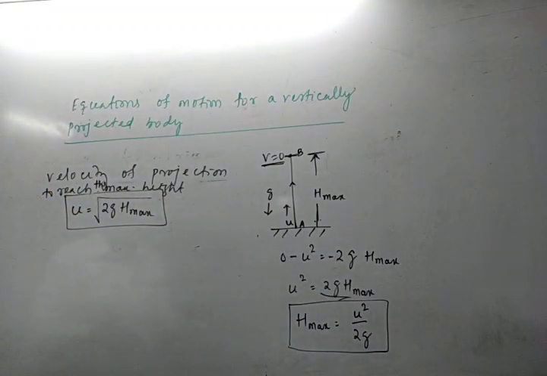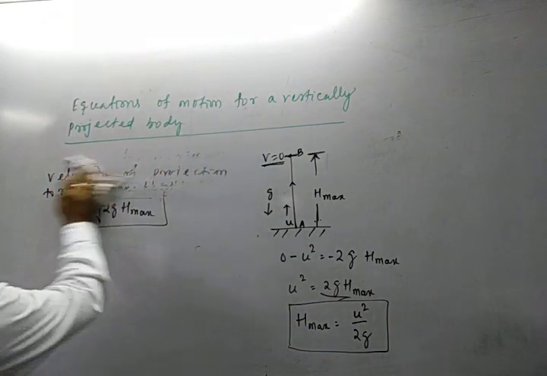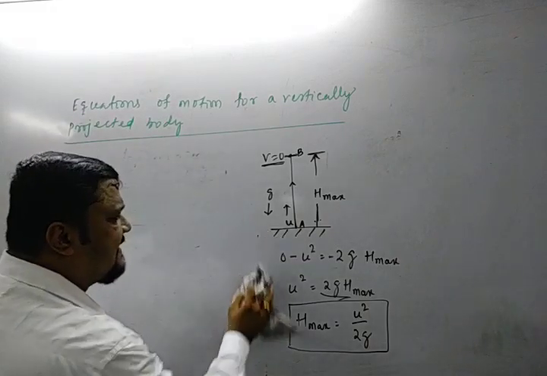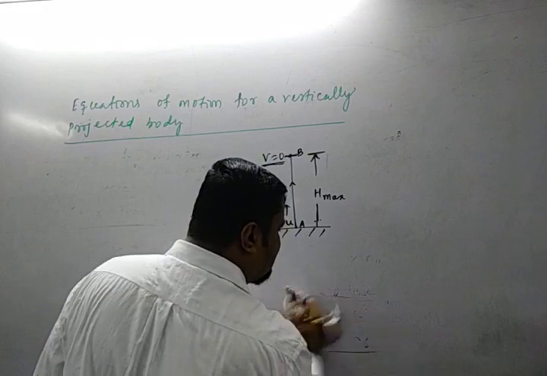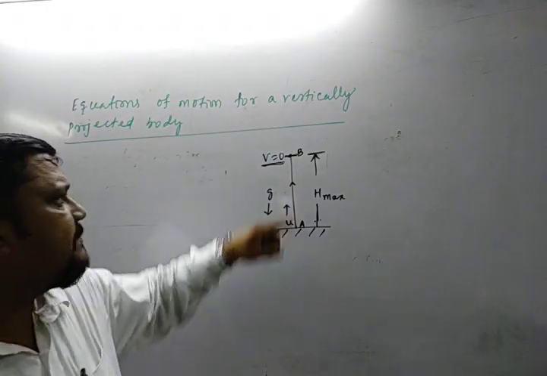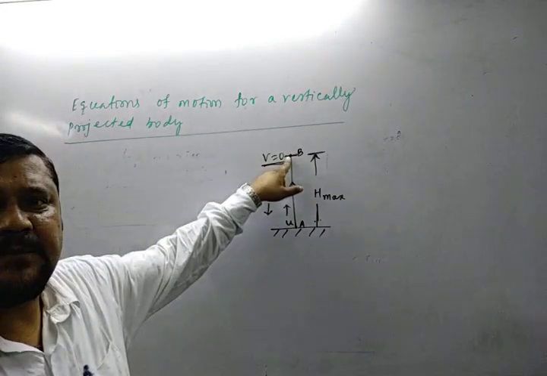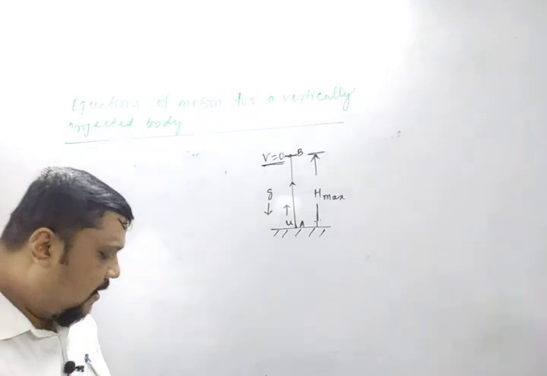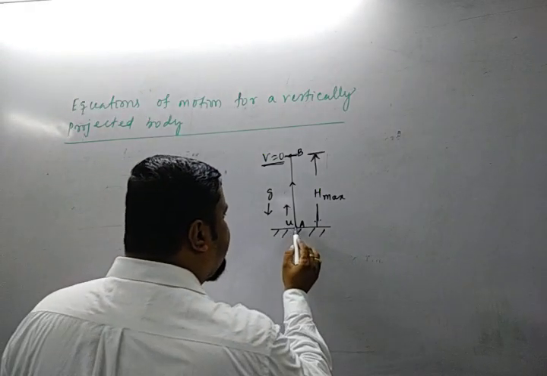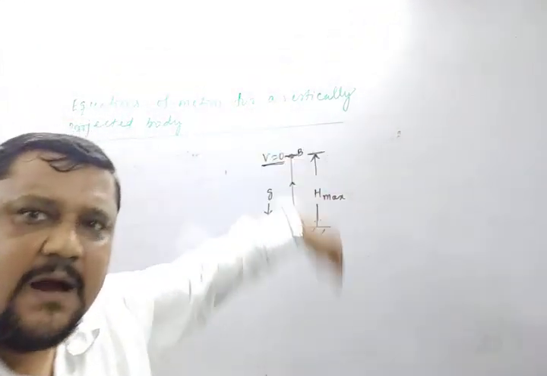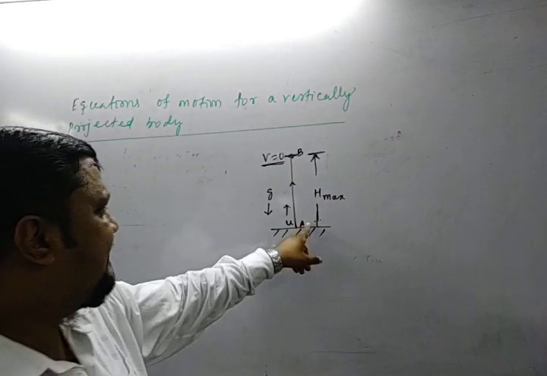After that, if we reverse this case, if I throw a body with velocity u at this point, the body goes to this point, then comes back. Then what is the velocity at this point?